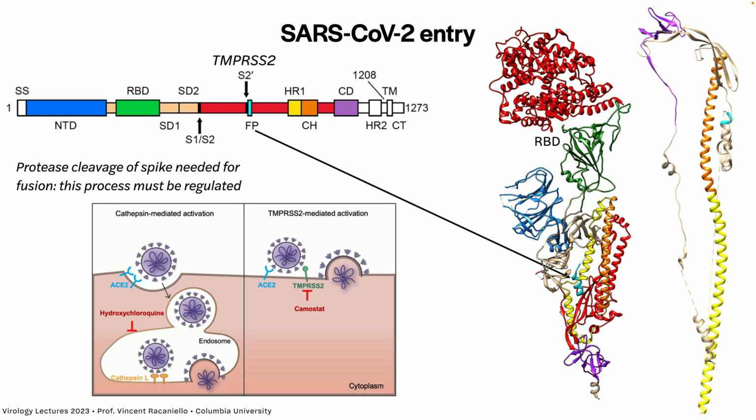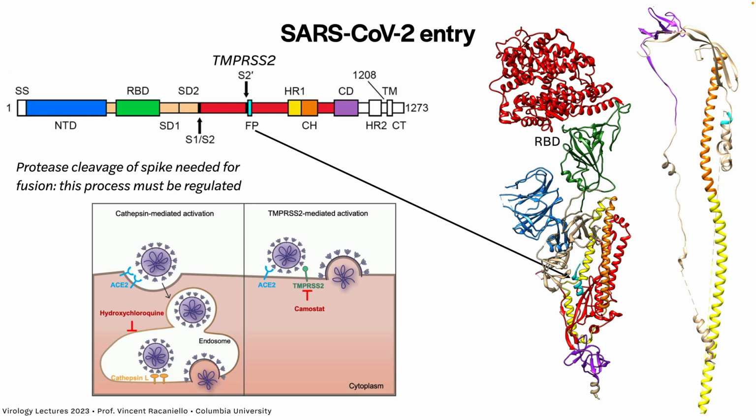And so we need cleavage of this protein so that the fusion peptide eventually will be exposed. And this protein, very much like influenza virus, undergoes a conformational change to put the fusion peptide near the top there on the right, that cyan-colored part. But this does not require low pH. Right?